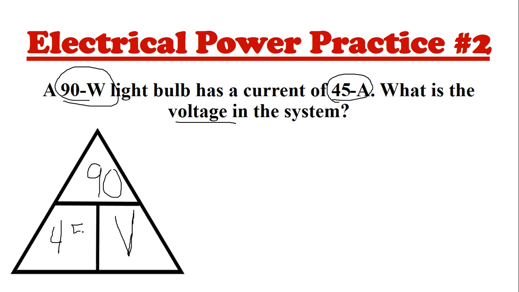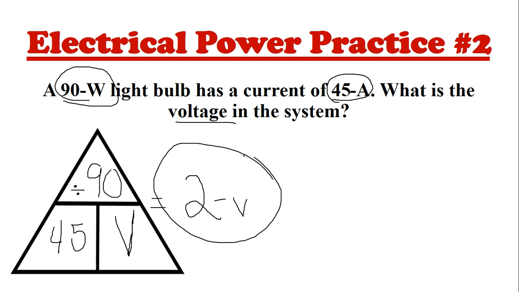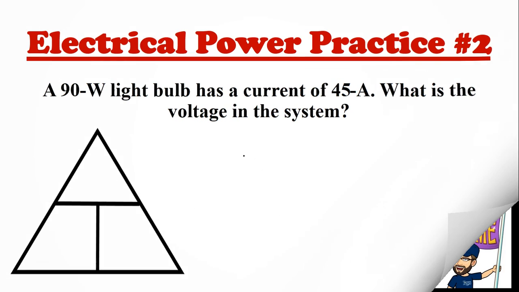We know that because it has the unit amps, plus the question said it was the current. Now, numbers are on top of each other, so we're going to divide the numbers. When you enter this in the calculator, you would do 90 divided by 45, and you would get 2. We also need to give a unit with this number. Since we're trying to find voltage, the unit is volts. And that is the answer for problem number 2.